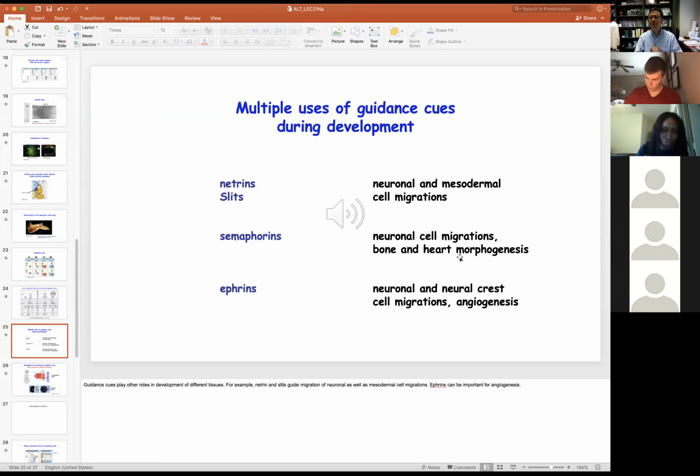And then ephrin is important for neuronal cell and neural crest cell migration, and also for angiogenesis, blood vessel formation. I think this slide tried to stress that these ligands are not only for migration, but can also be used for other functions during development.